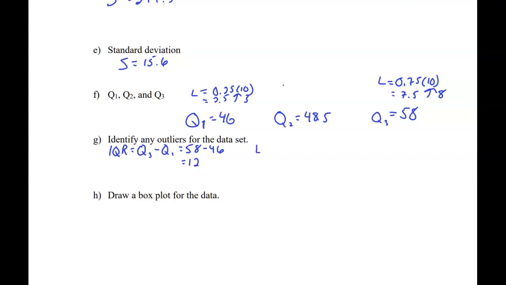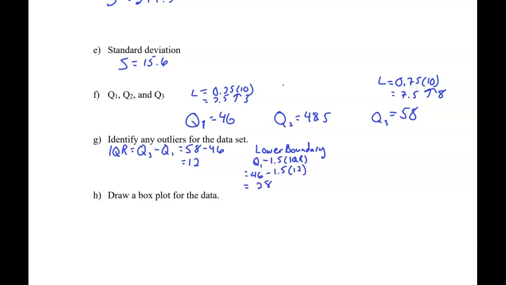Then we have to find what our lower boundary is. And for our lower boundary, we find Q1 minus 1.5 times our IQR. So that's going to be 46 minus 1.5 times 12, which will be 28.